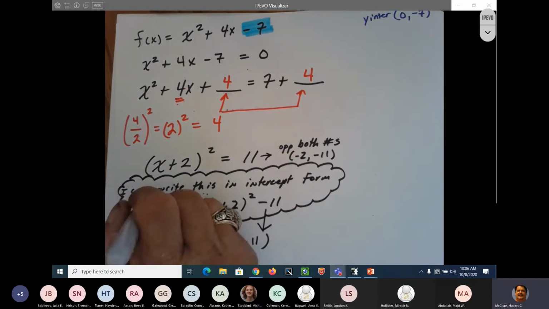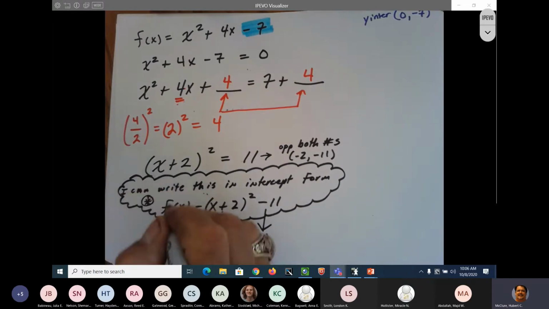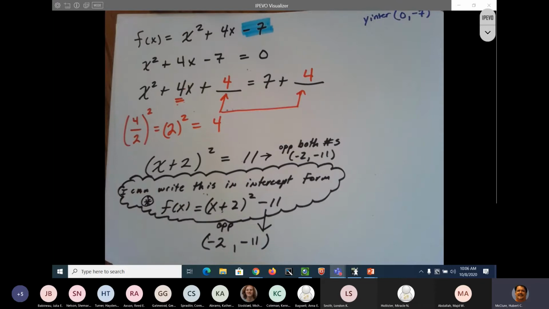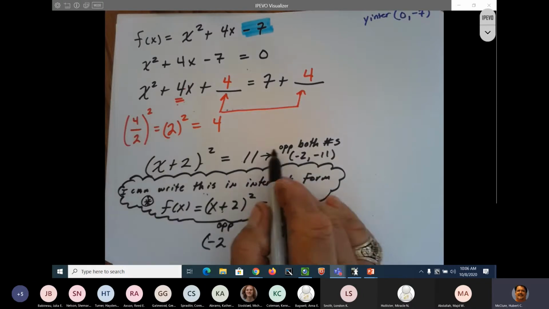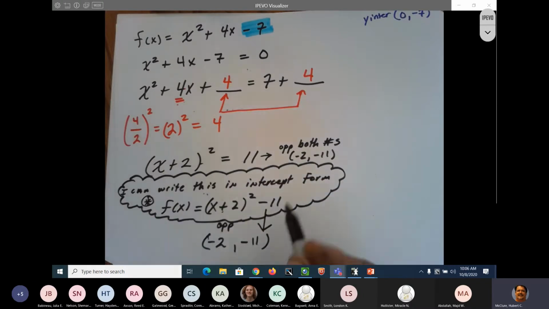And this is what they asked for in the homework and the test. Now, if they just ask for the vertex, then you don't have to put it in this form. You can just get it from right here. Now, that's how you find the vertex.